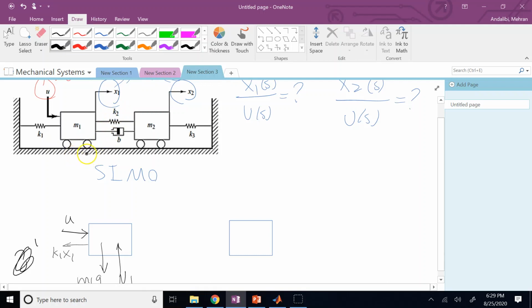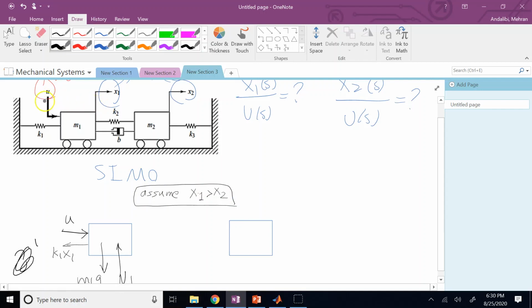Now which direction is it? It depends on whether x2 is bigger than x1 or x1 is bigger than x2. But the assumption that you make here is not going to change your governing equations. So let's make it realistic: x1 is bigger than x2.